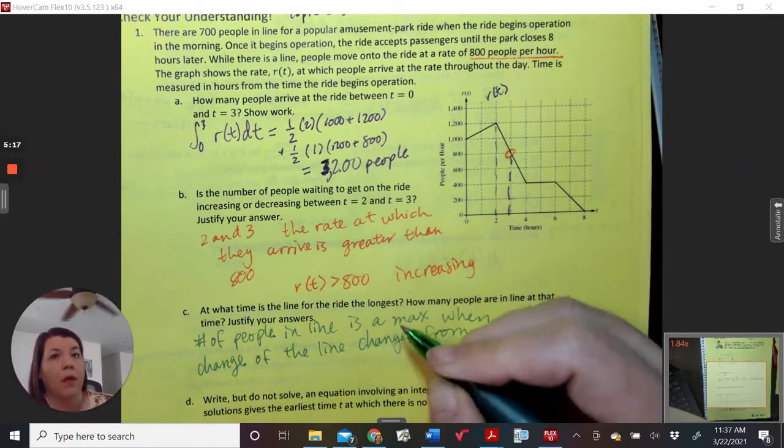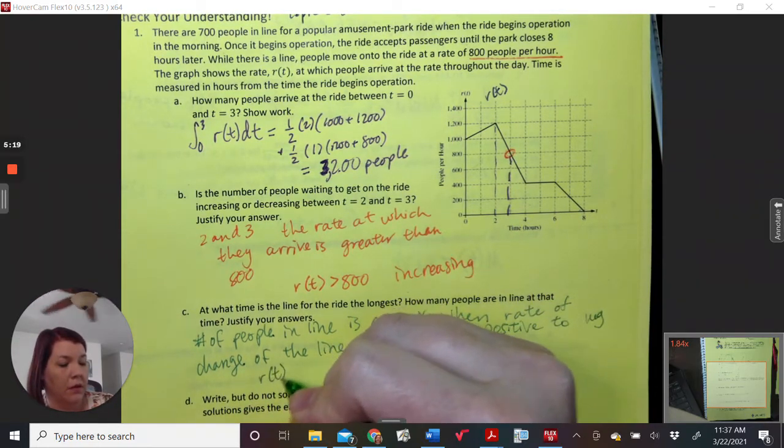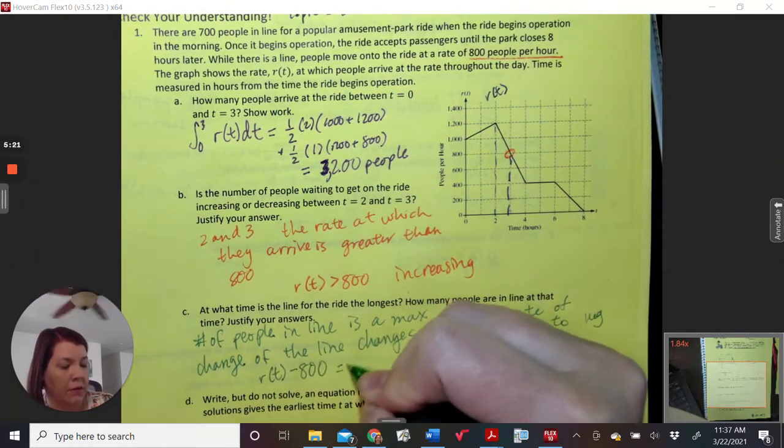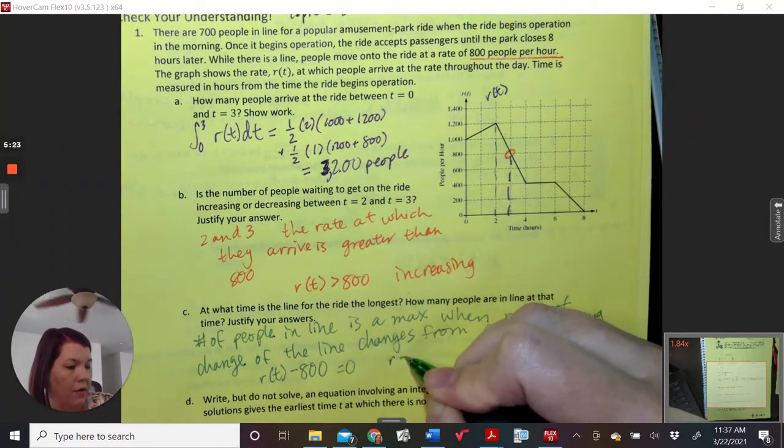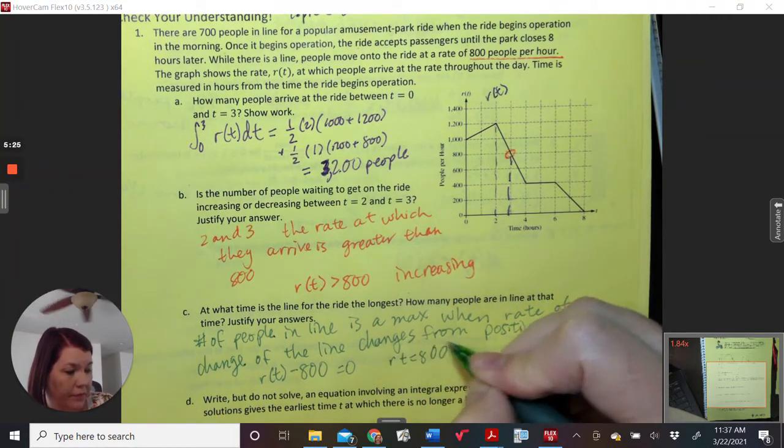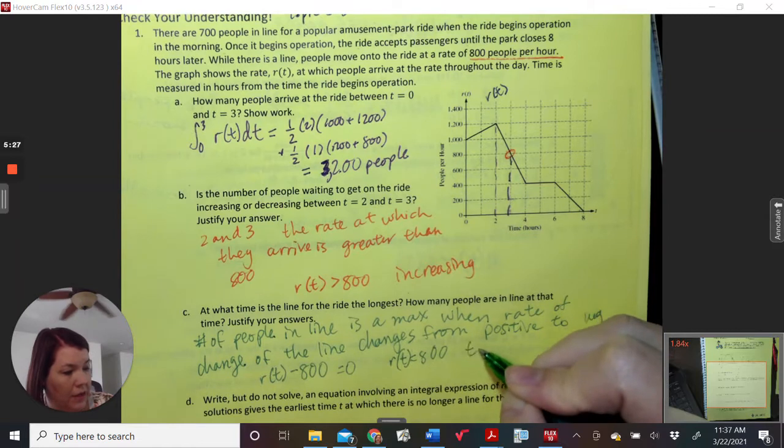Or in this case, R of t minus 800 needs to equal 0. So R of t equals 800, which happens when t equals 3.